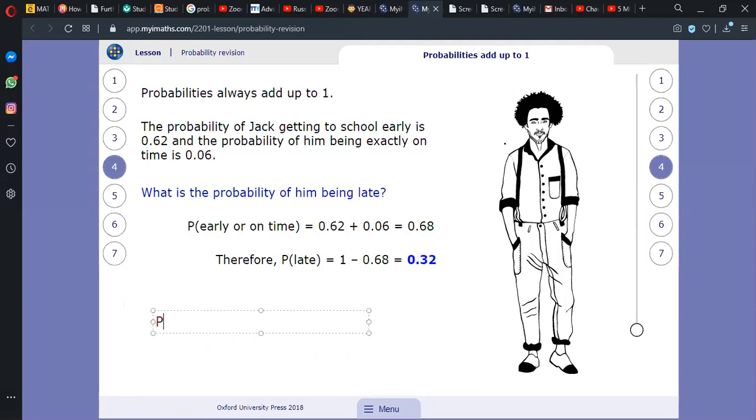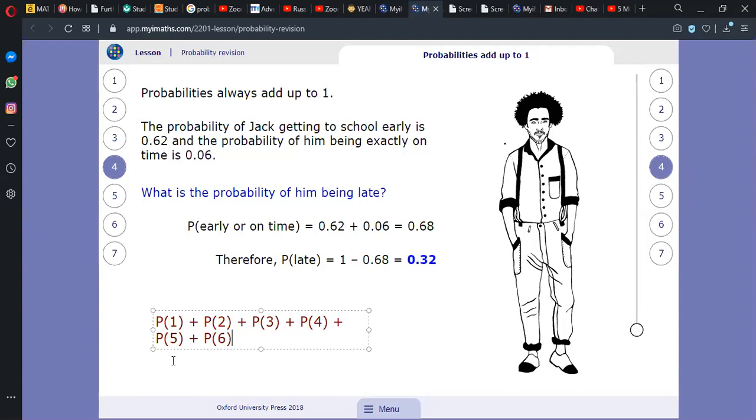Let's see that for a dice. Probability of getting a 1, plus the probability of getting a 2, plus the probability of getting a 3, plus the probability of getting a 4, plus the probability of getting a 5, and lastly, plus the probability of getting a 6.